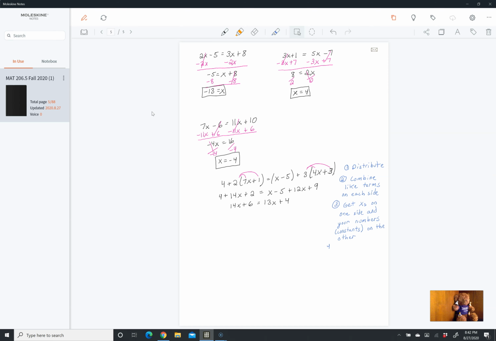Okay, and I'll write this down now. Your last step would just be to solve for x. Okay, so now we're at the point where once we distributed and we combine like terms, we're right back to equations that look like this.